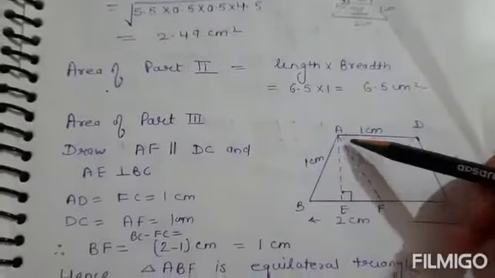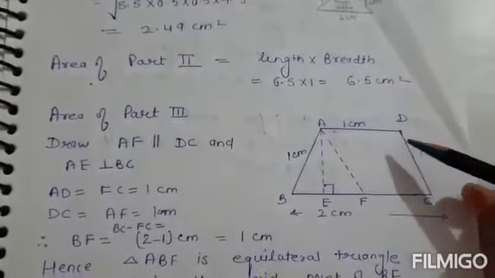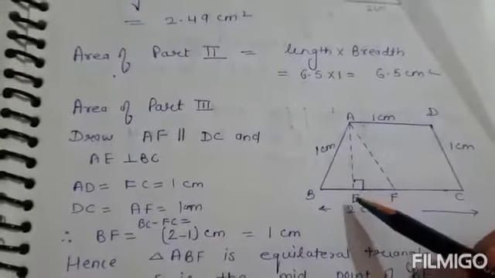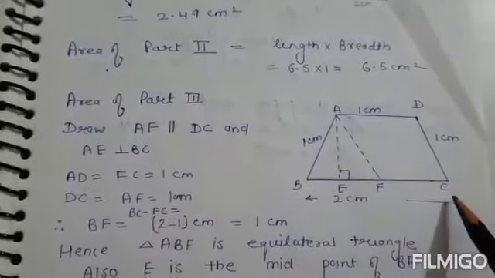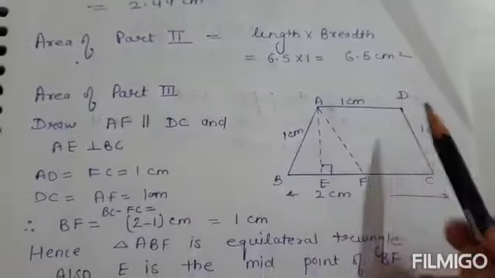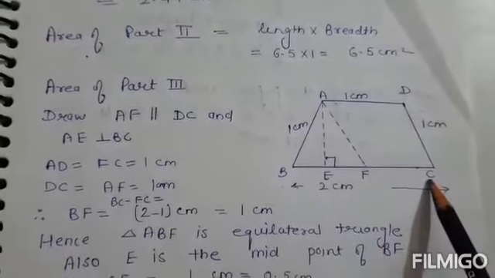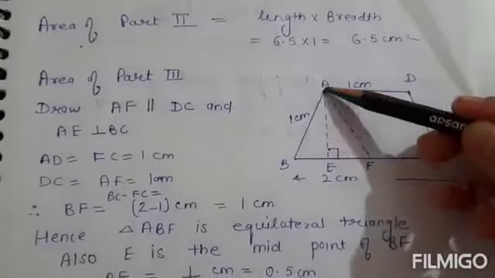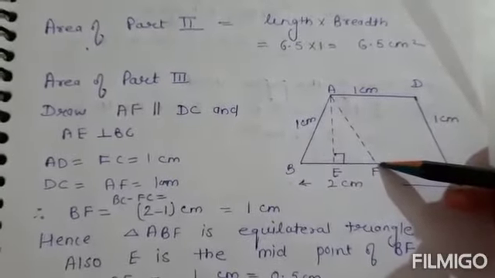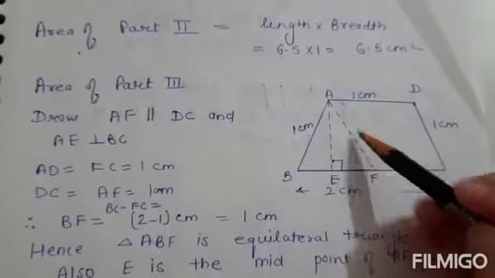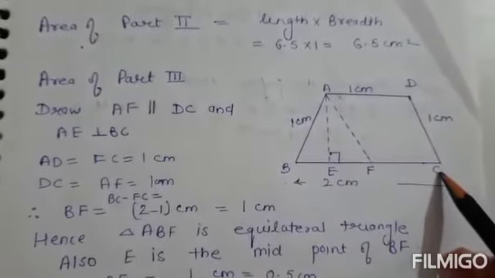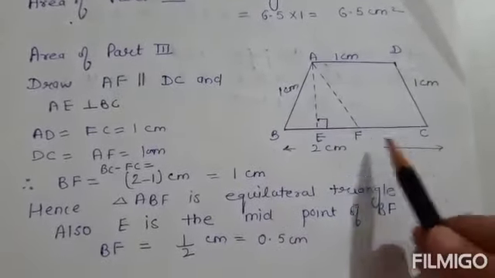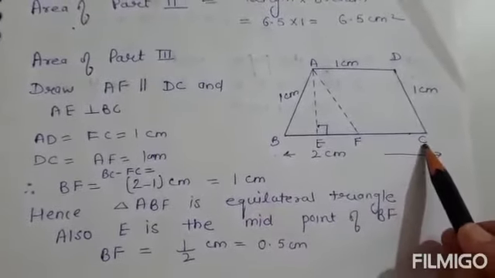Now first we draw a line AF which is parallel to DC and draw a perpendicular AE on the line BC. If AD is 1, that means FC must also be equal to 1 centimeter and DC is given to be 1. So this AF is also equal to 1 centimeter. Now this BC is given to be 2 centimeter and we know that FC is equal to 1 centimeter.